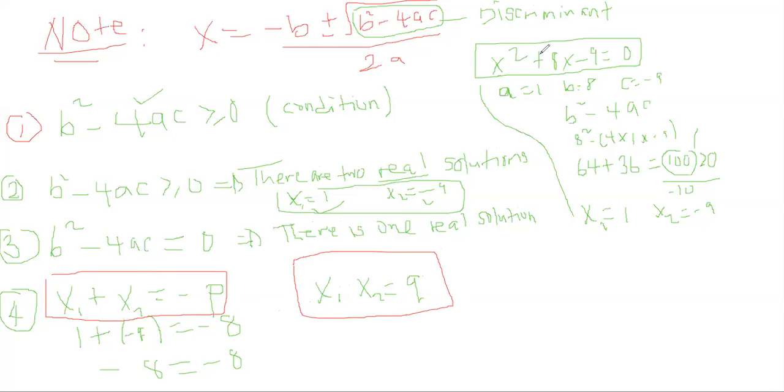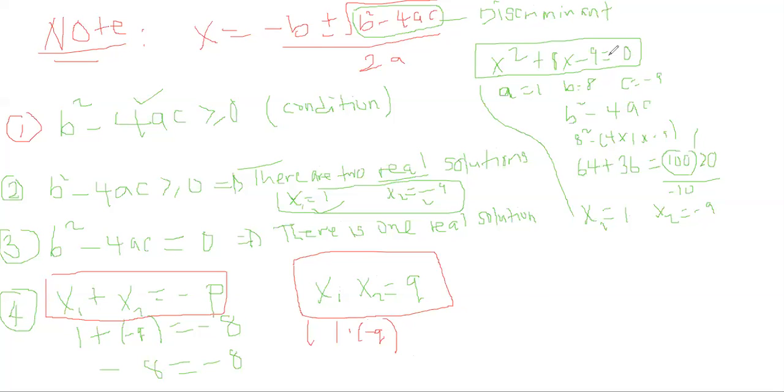So let's prove this. x1 is 1, and x2 is minus 9, that's the solution.